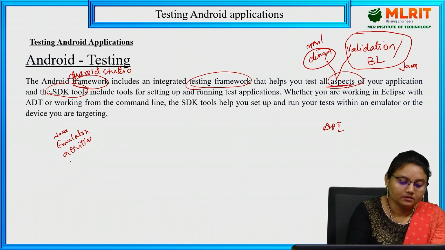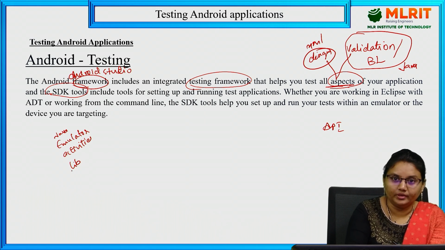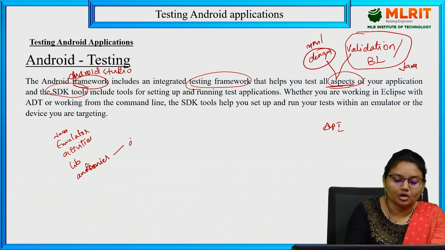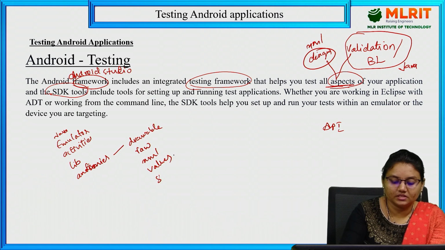Then you have different libraries which have to be imported to run your application, and also different resources like drawable, then the raw folder which we have created, then the XML part, values, strings, and mipmaps.